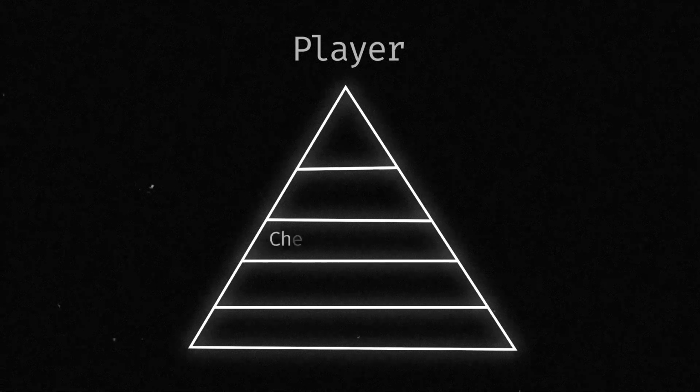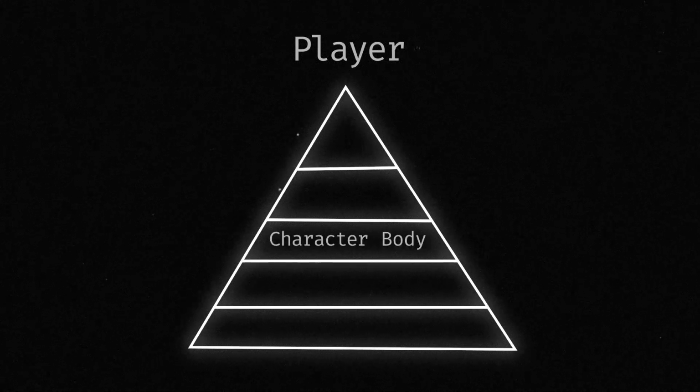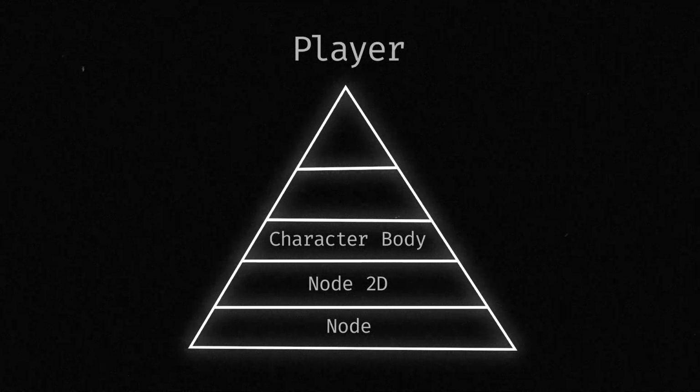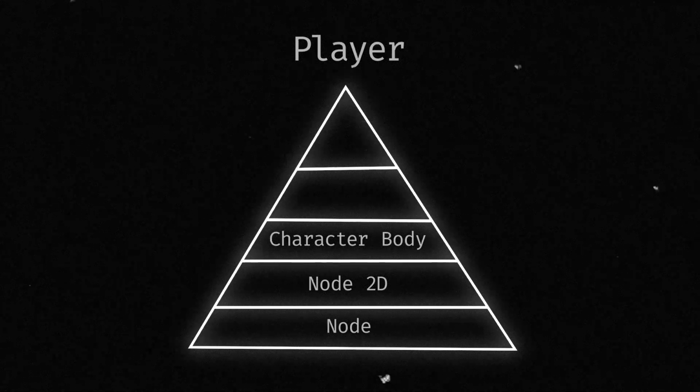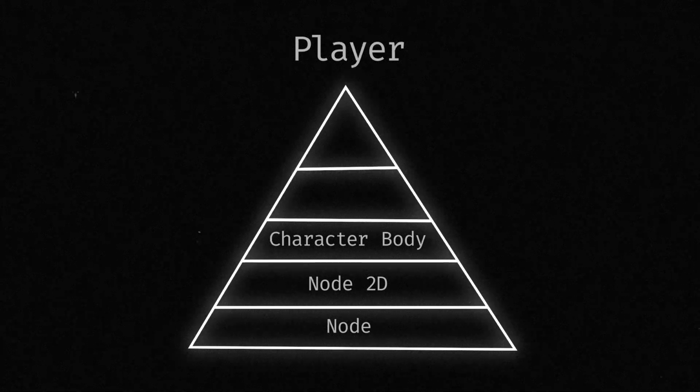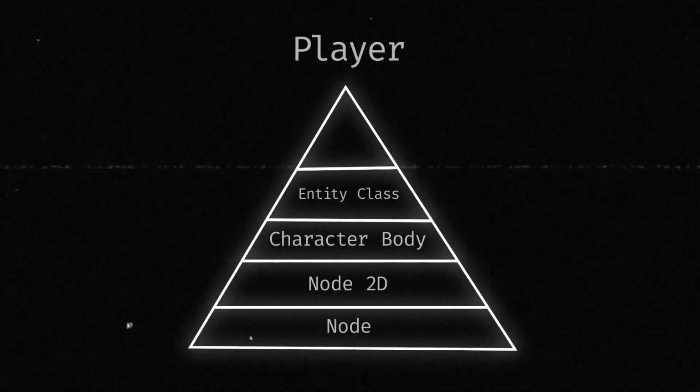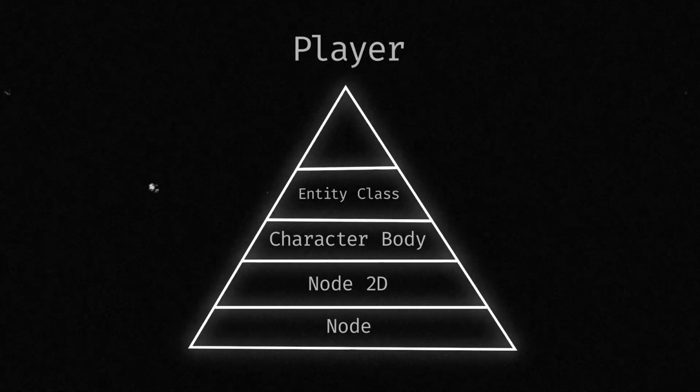We have our character body, and character body is built on top of, for instance, node 2D and node, but how would we eventually get to define a player? And in what ways could we generalize code away from the player? That way we're only defining what we need to in our player script. Well, we could create something called an entity class, which we will be able to reuse in other places in our game.